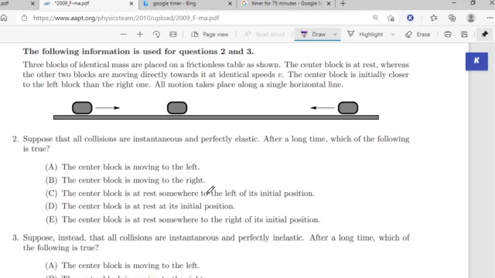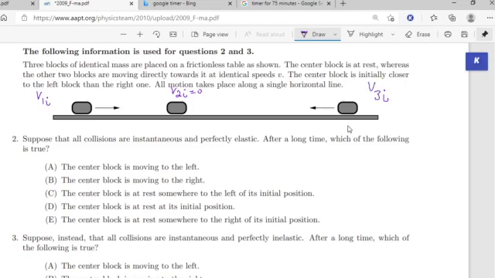Okay, so for this one we have the center block. Let's call these v1i and v2i, which is just 0, and then v3i.